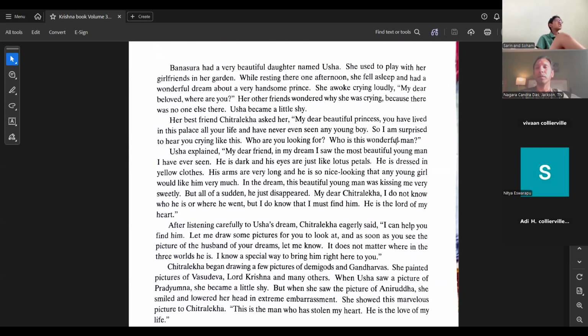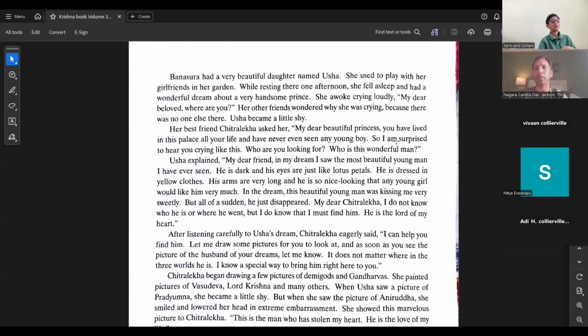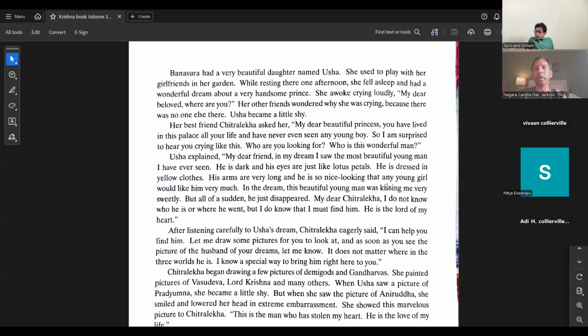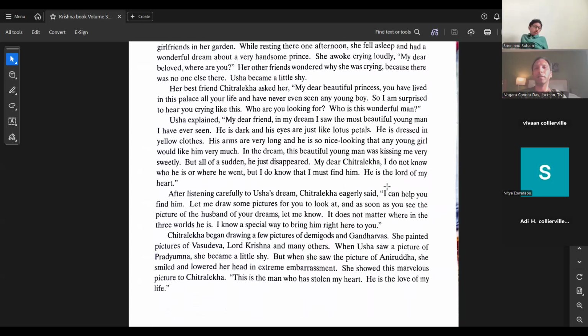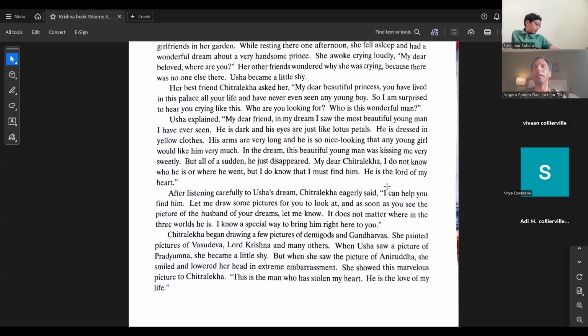Then we go to the palace of Banasura, where his daughter Usha lives. One time she woke up after a dream in which she had seen a beautiful person. She has not seen such a person, but she just dreamt of a particular person.